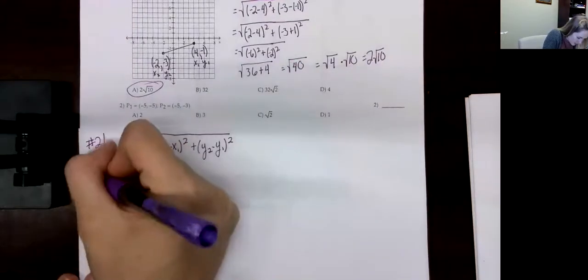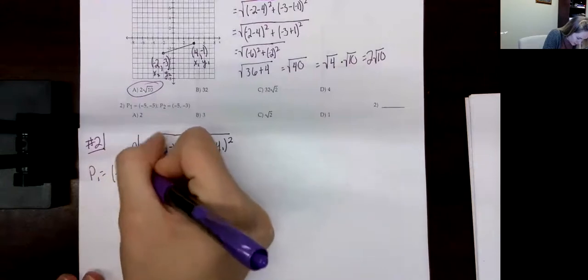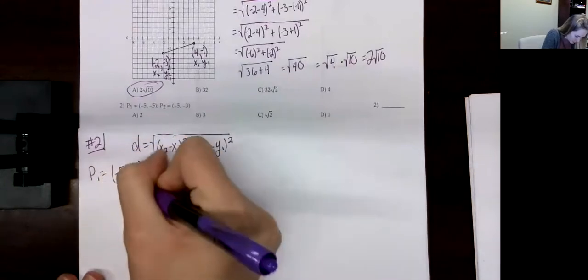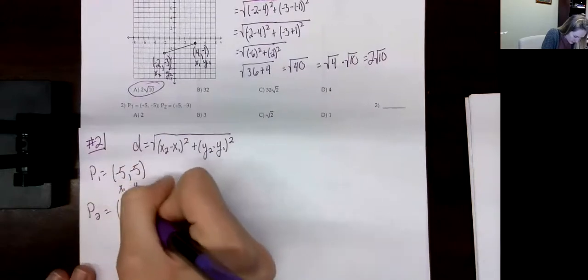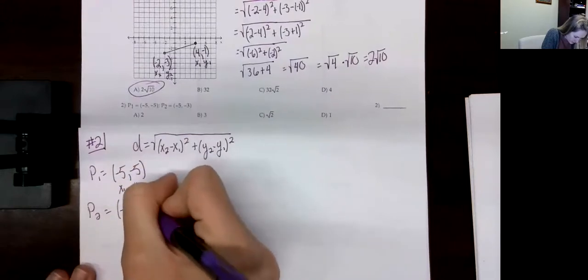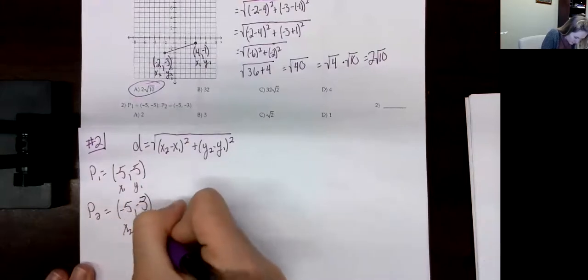Okay. And point 1 can be -5, -5. So this is x1 and y1. And point 2 is -5, -3. Plug that in, x2 and y2.